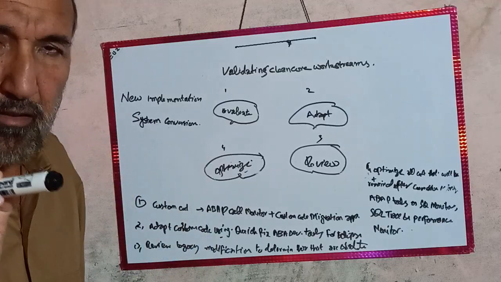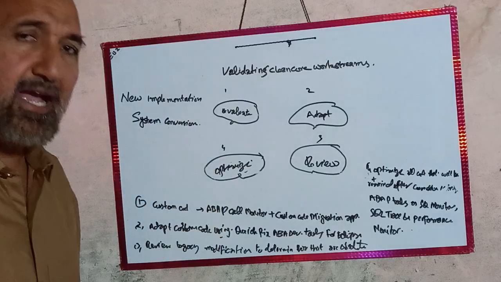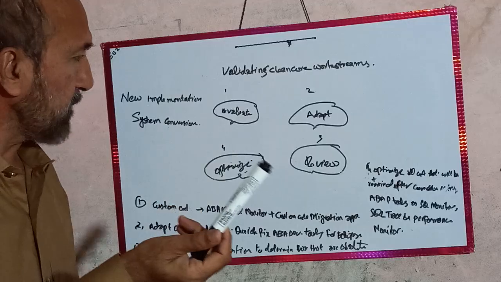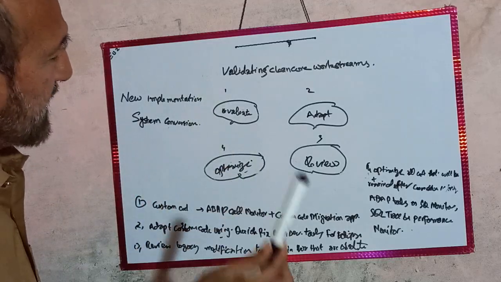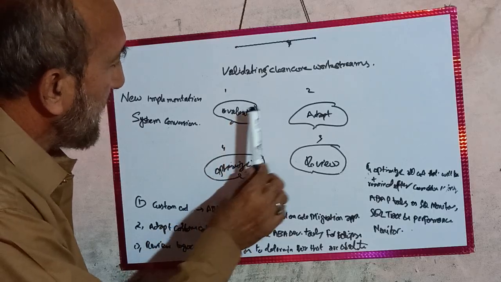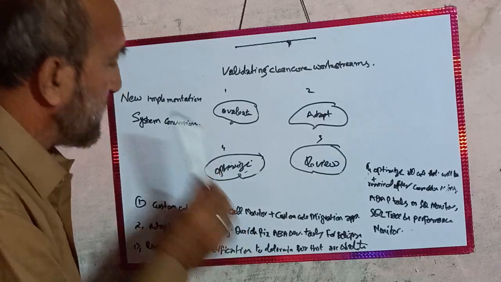In new implementation and system conversion, as we studied before in lesson number 2 or 3, there are 4 kinds of workstream: evaluate, adopt, review, optimize.